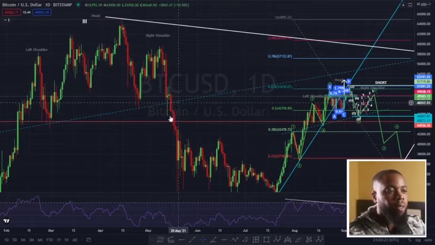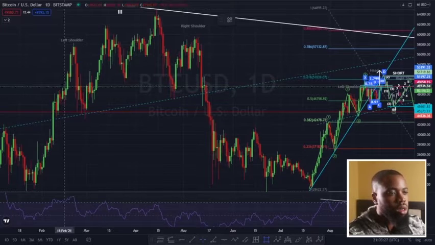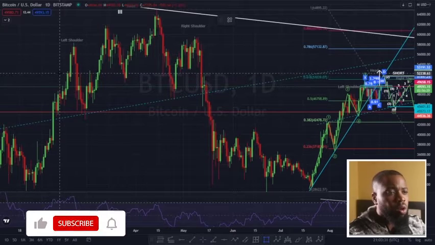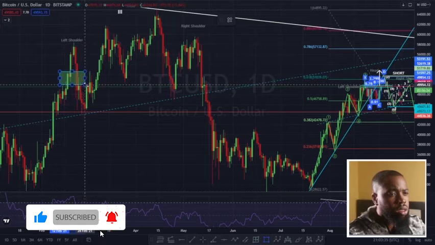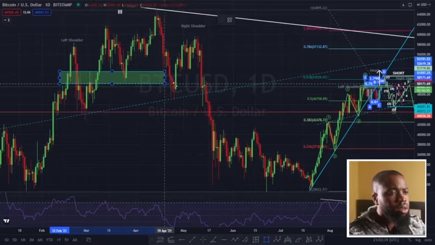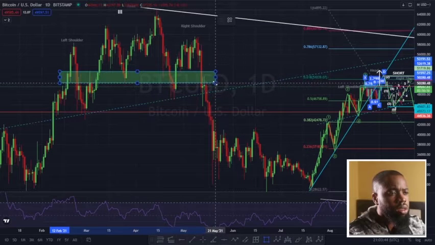Okay, so let's take the rectangular tool. Let's try to look for areas of confluence. All right, so we can see from here to, should I say right there, right here, also right here.